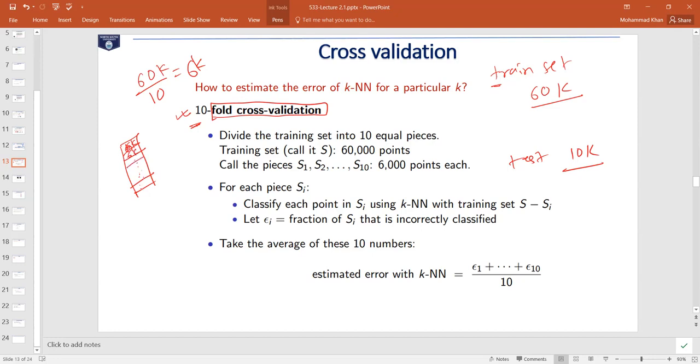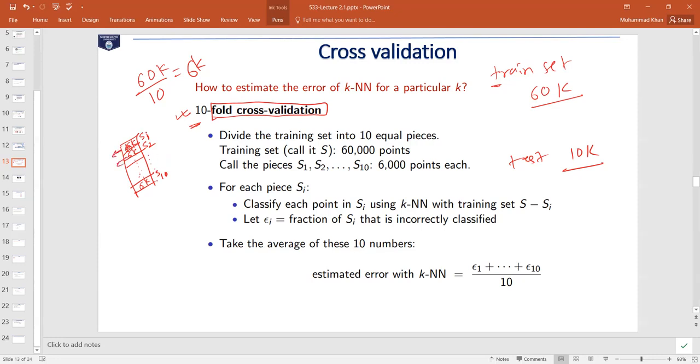The last chunk will contain from the 54,001st image to the 60,000th image, so the last 6K images. Now, particularly for this problem, what we'll do is number the chunks: S1, S2, up to S10, and then we'll find the error for the chunks.